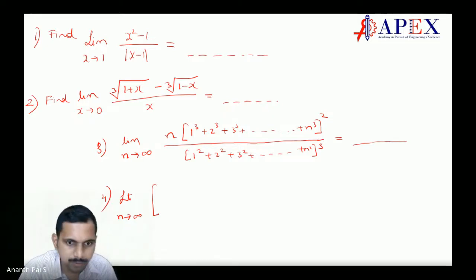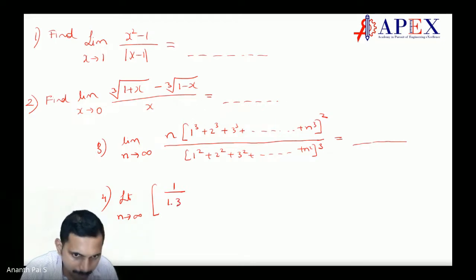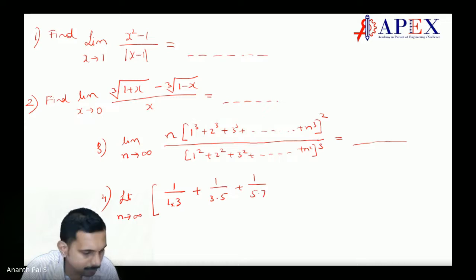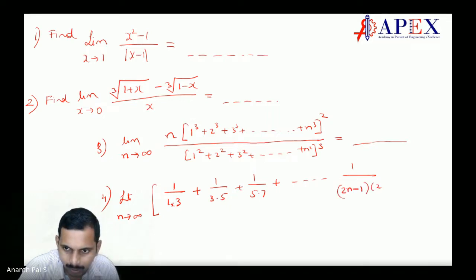We have 1 by 1 into 3, it's not 1.3, 1 into 3, plus 1 by 3 into 5 plus 1 by 5 into 7 and so on up till 1 by (2n minus 1)(2n plus 1) is equal to dash.